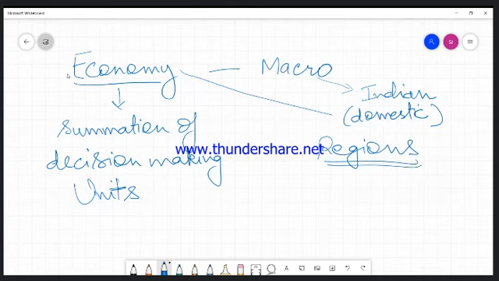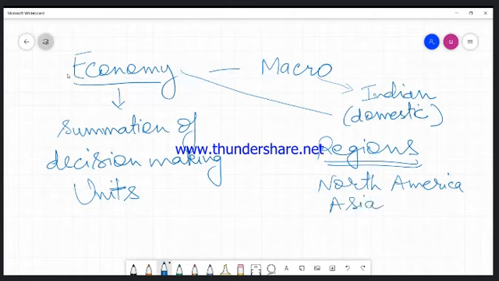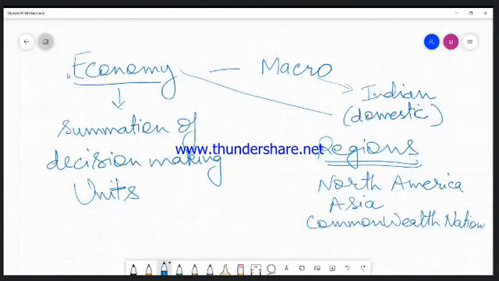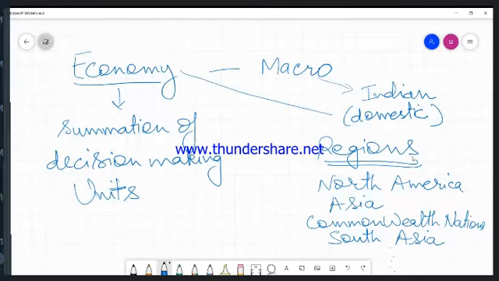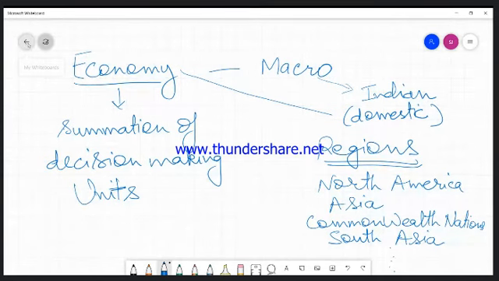You can talk about regions, like North America, Asia, Commonwealth nations, South Asia. You have different classifications, so all is macro.